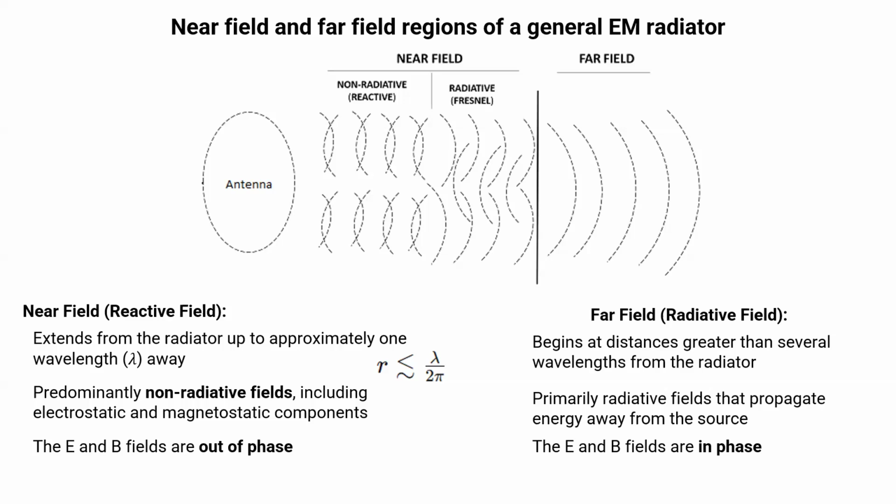In the near field, the phase between the electric and magnetic field changes with the distance from the antenna, and there is a significant phase difference between them. This phase difference makes these fields non-radiating.